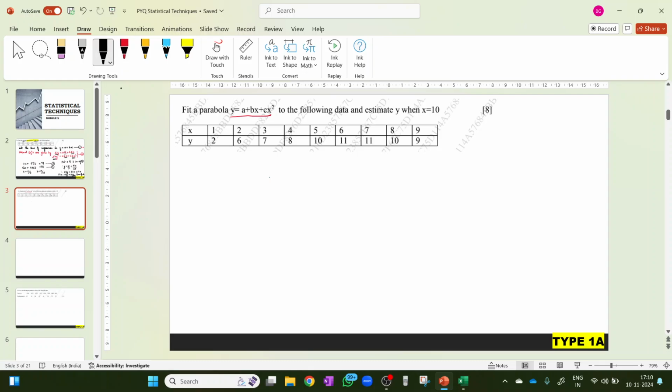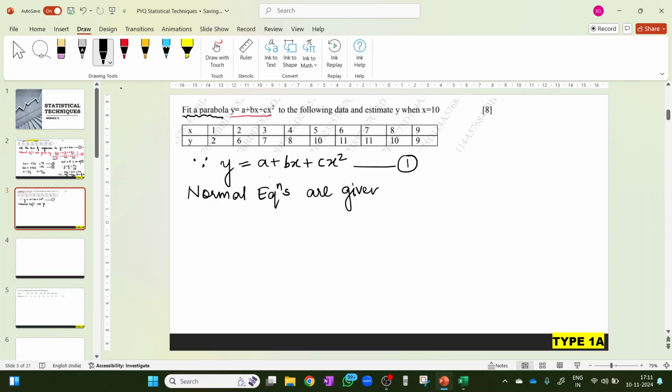The question has already given us to fit the parabola, which equation is given. So since y is equal to a plus bx plus cx square, we call this equation number 1. We will write down the normal equations. So normal equations are given by, let's recap the steps.